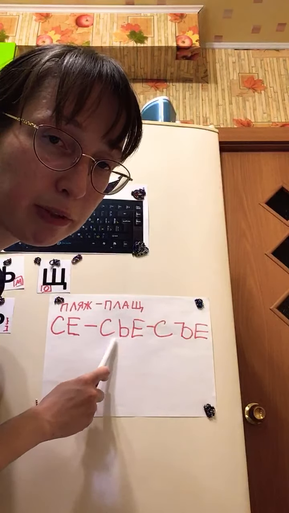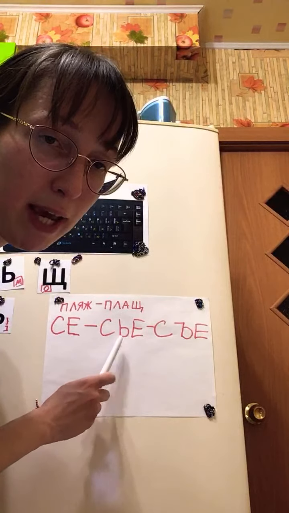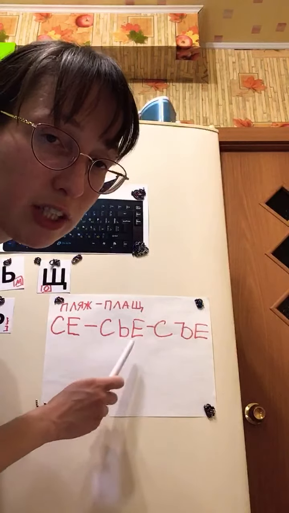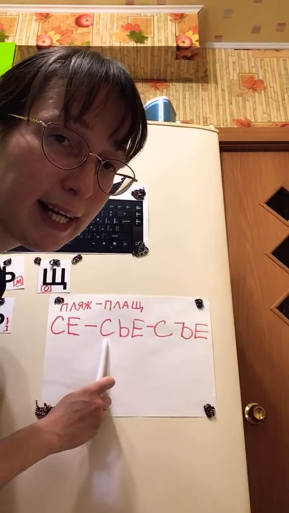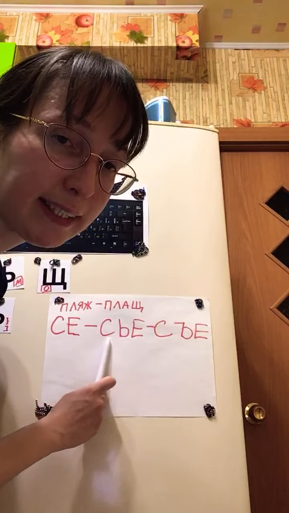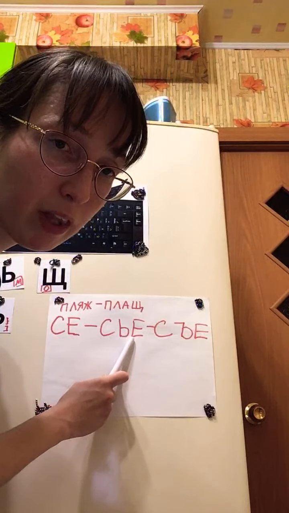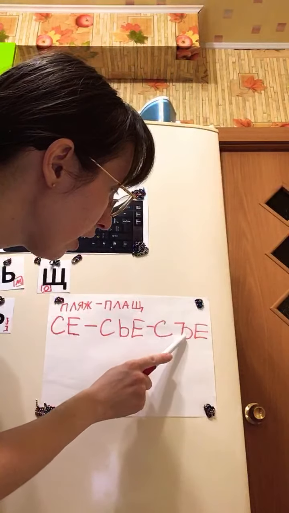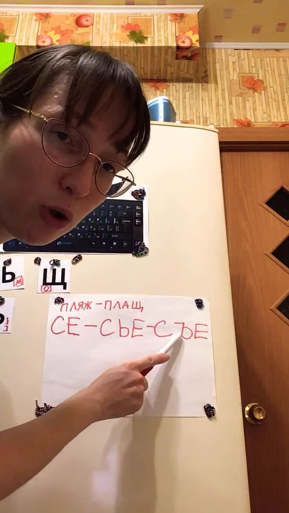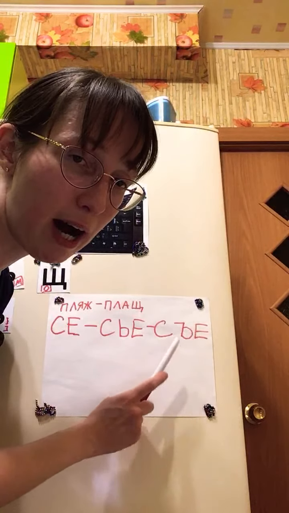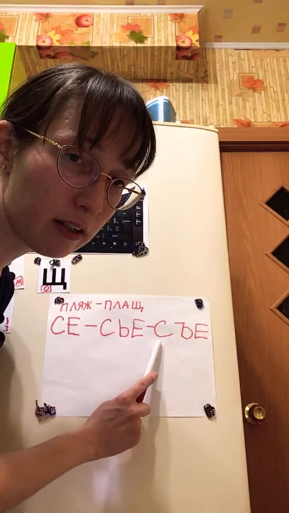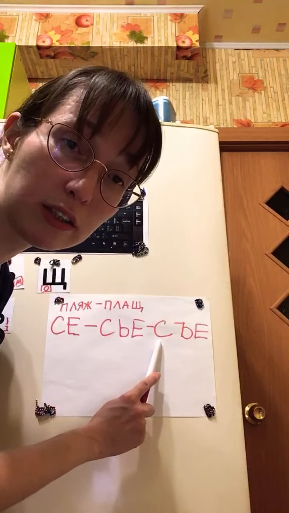Мягкий знак separates these letters, makes this consonant soft, and Y is pronounced like in the alphabet. Сье, сье. A hard sign, твердый знак, separates these letters again, but it makes this consonant hard.